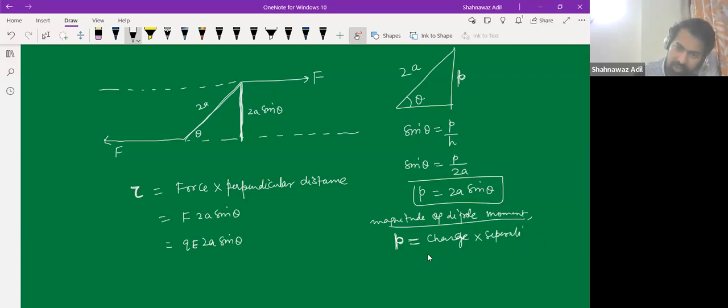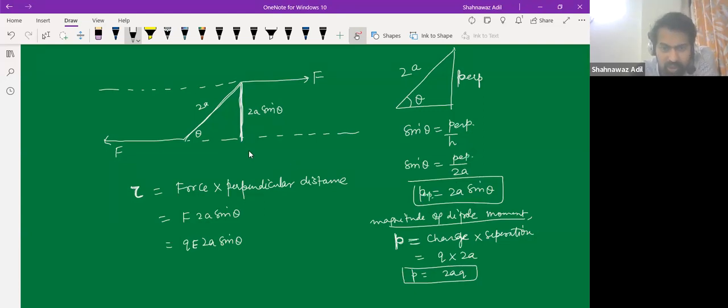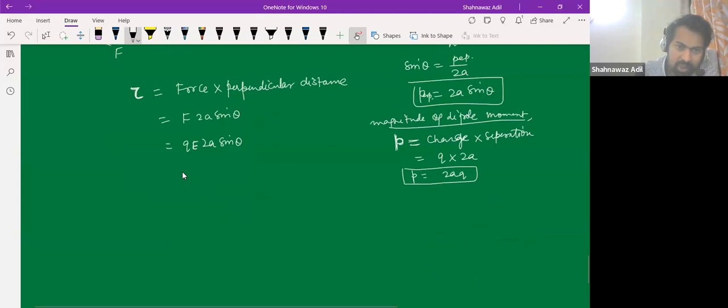Charge is q, separation is 2a, so 2aq is the dipole moment. Not to be confused with this perpendicular. So this 2aq, and this is E sine theta. 2aq is p, so p E sine theta.